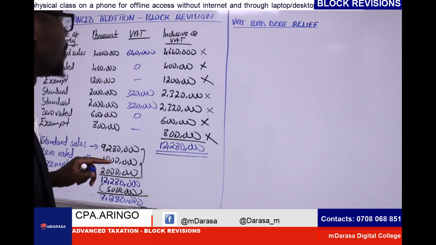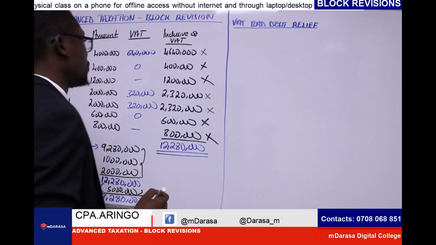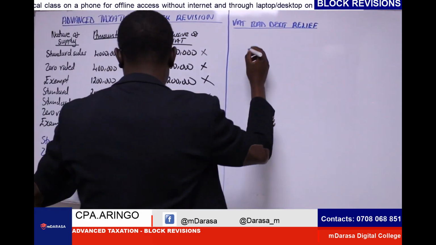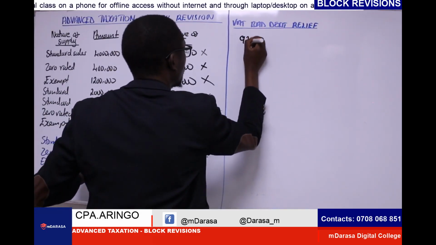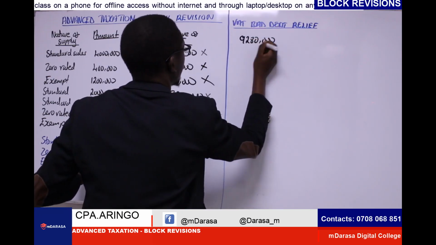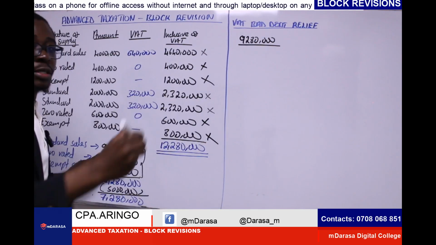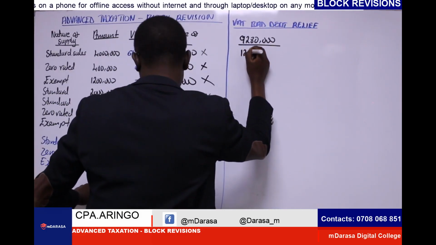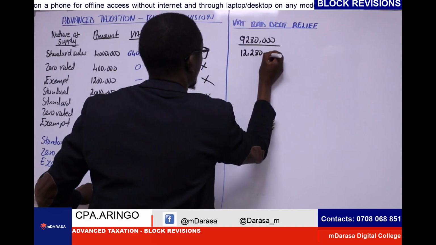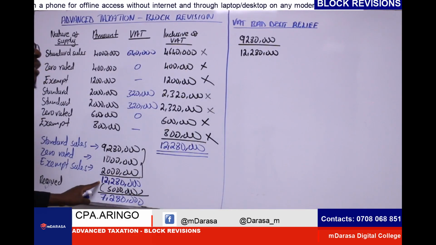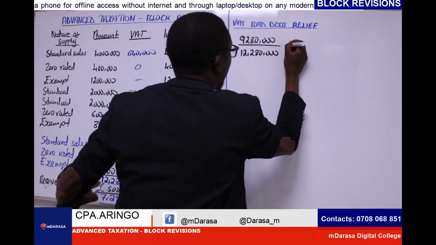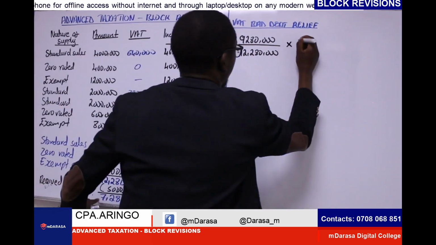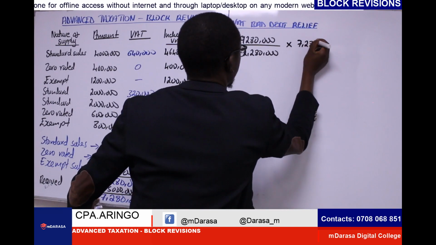So how do you determine that proportion? The proportion will be the total standard sales, we've seen it is 9280, of our total sales, we had a value of 12,280,000, times how much had we not been paid? We had not been paid the value of 7,280,000.